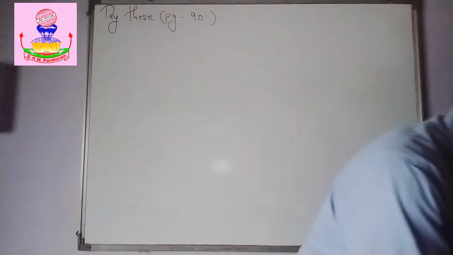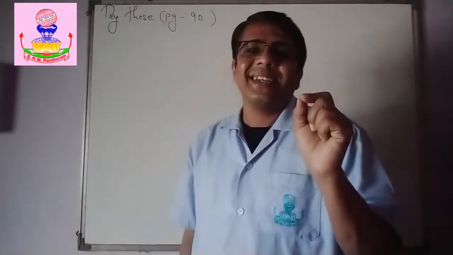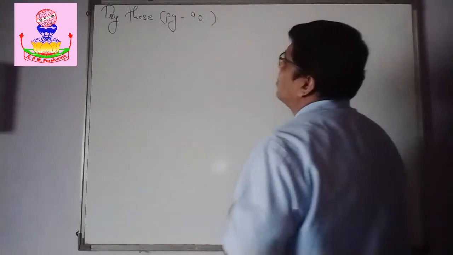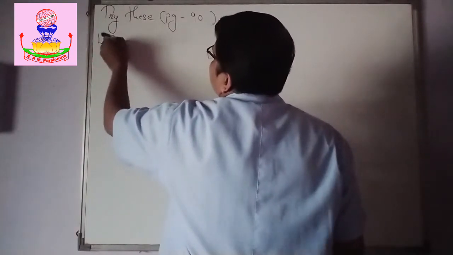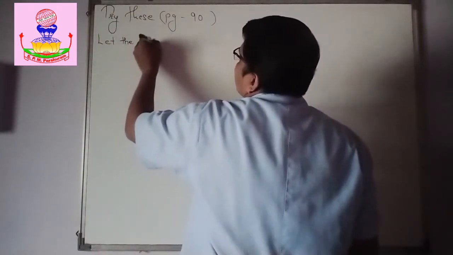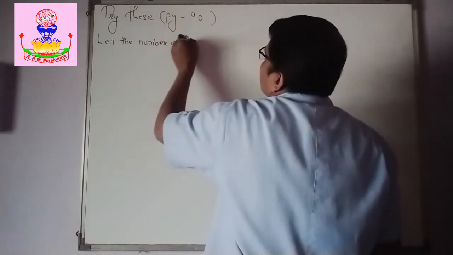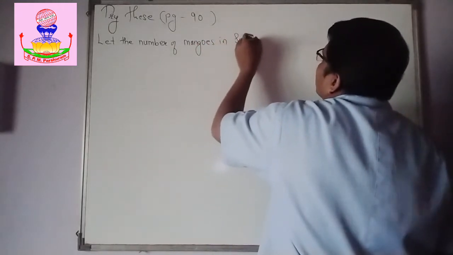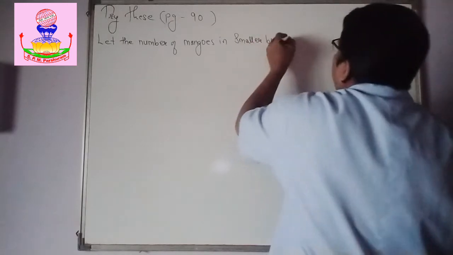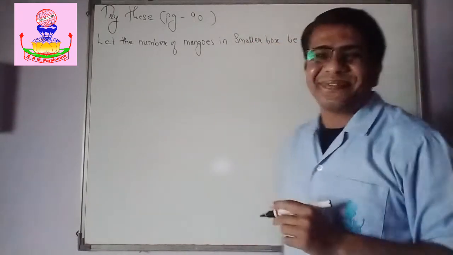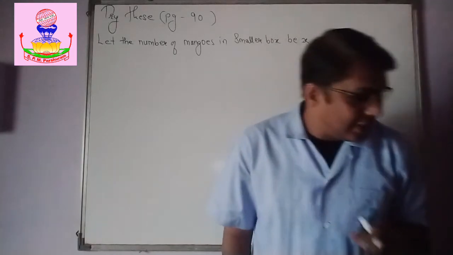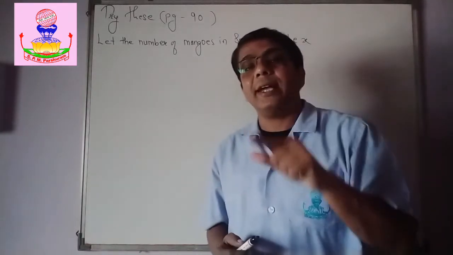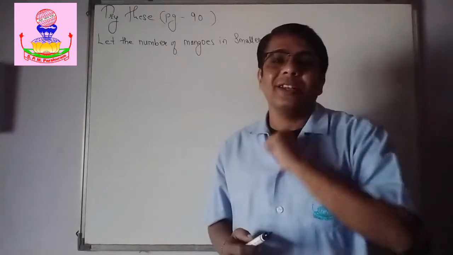So what I have to find? I have to find number of mangoes in the smaller box. So what I will assume to be x. Yes, exactly. Let the number of mangoes in smaller box be x. Right? Now, the number of mangoes in one larger box is 4 more than 8 boxes of smaller type.